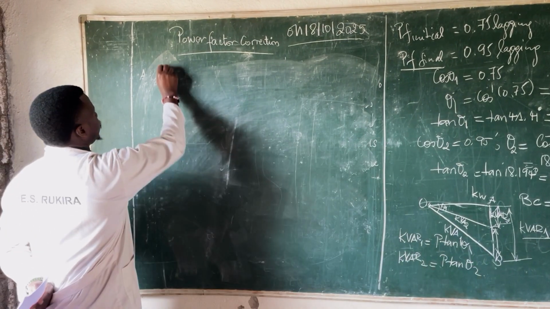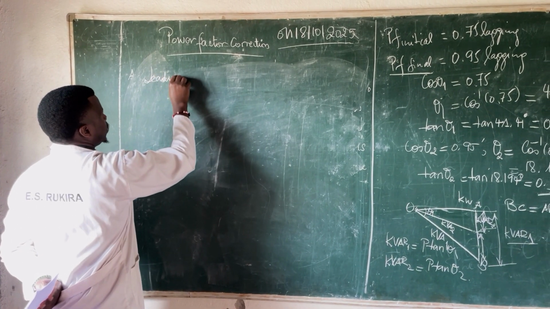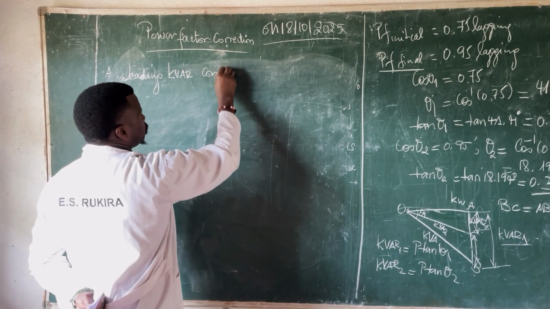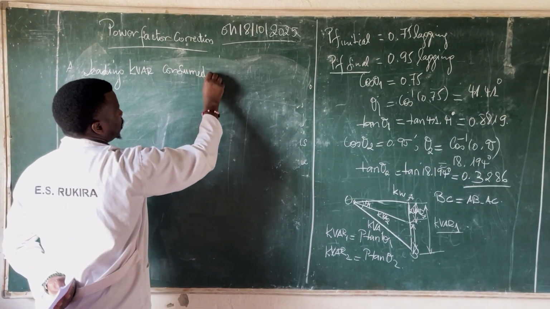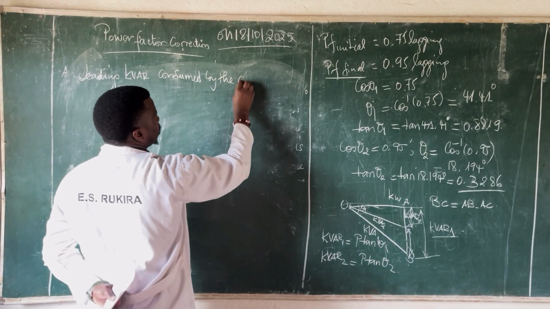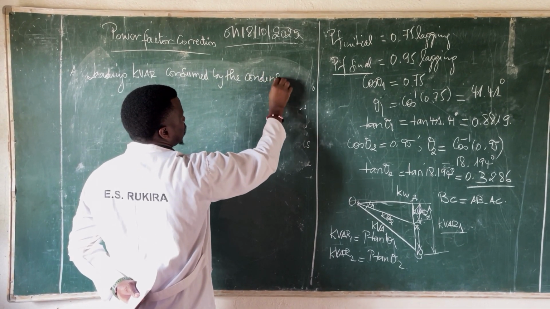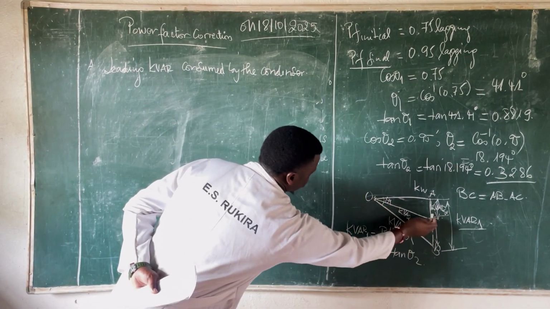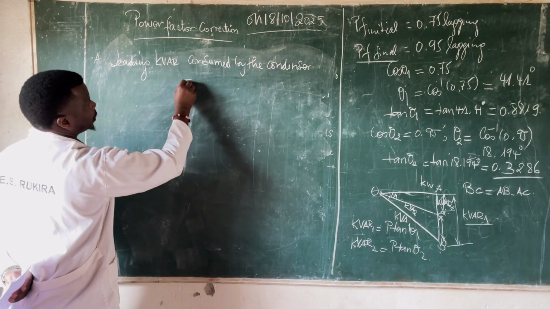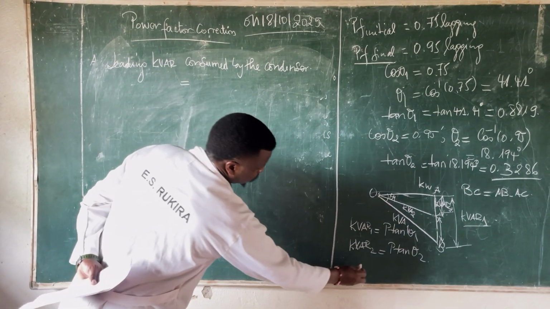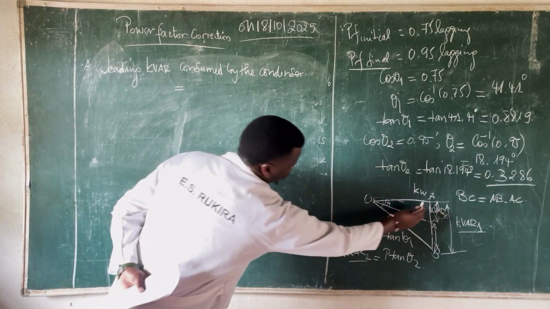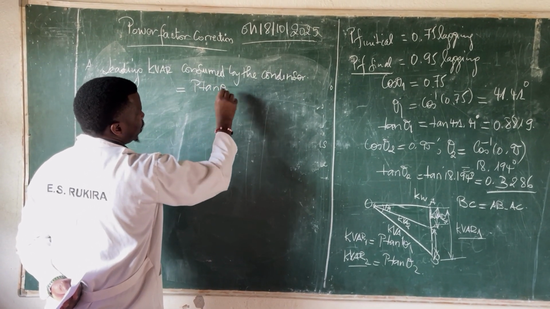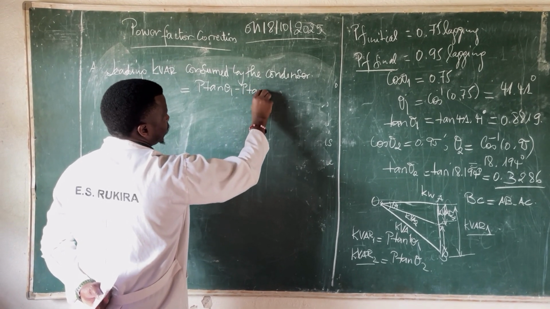Now the reactive power consumed by the condenser will be equal to the difference BC, which will be equal to BC, AB, which is equal to P tan theta 1 minus P tan theta 2.